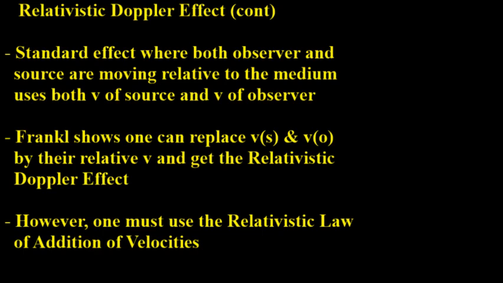But Frankel shows, through algebraic manipulation, that one can replace the velocity of the source and the velocity of the observer with respect to the medium, by their relative velocity and get the relativistic Doppler effect. So we have two totally different models.